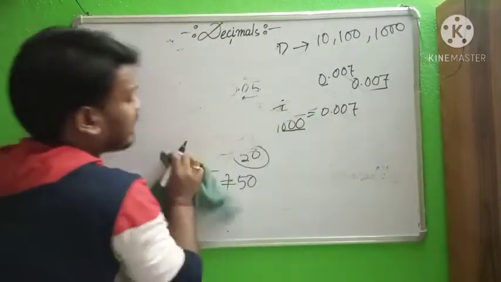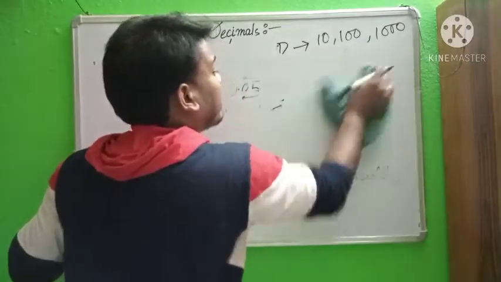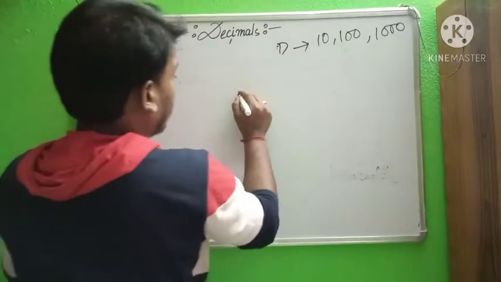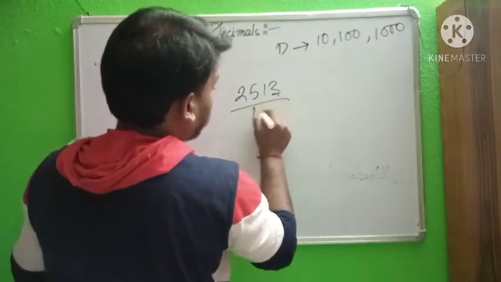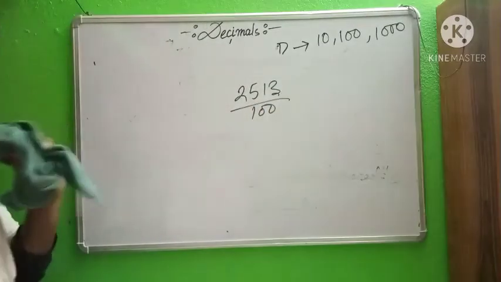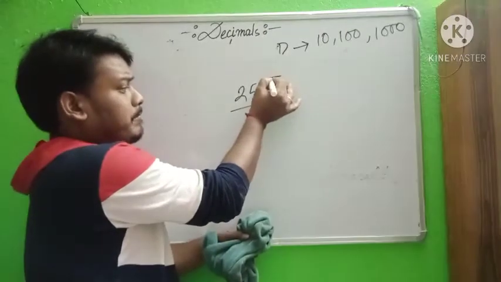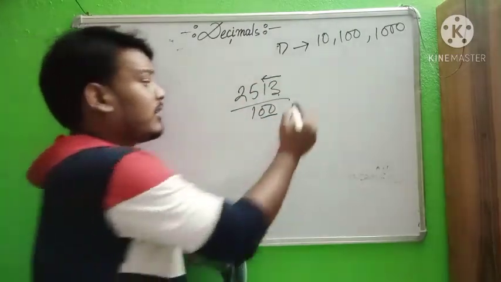Now if the numerator is bigger than the denominator, that means 2513 by 100. Here also similar. We put the decimal before two digits, since here two zeros are there.